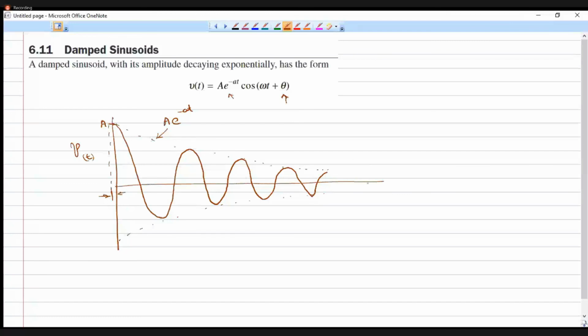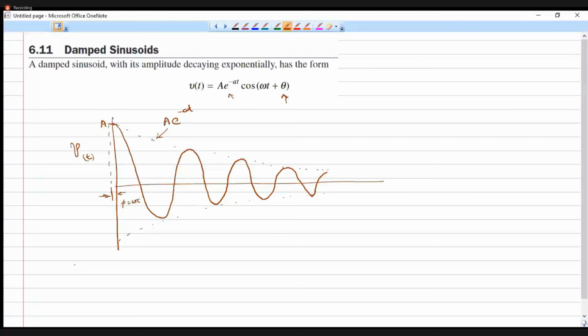If this is the theta axis, then this will correspond to phi. If it is the t time domain axis, then phi will correspond to omega times the time. Let me call this as tau. If I am calling this as tau, then phi will correspond to omega tau.